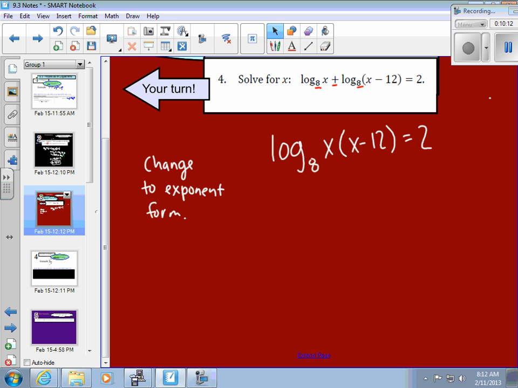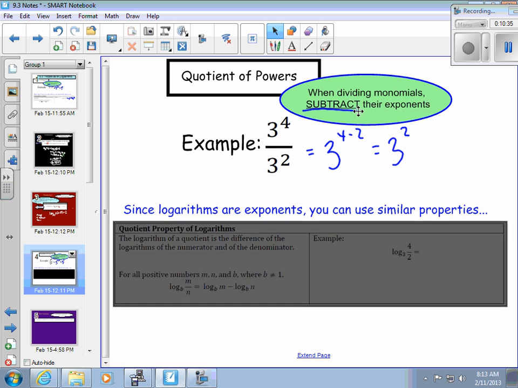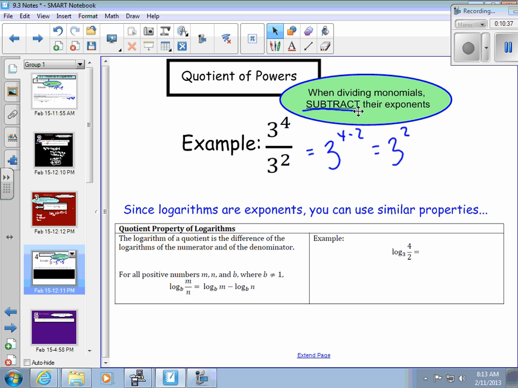All right, let's look at another exponent property we know from a few chapters ago. If you're dividing where the base number is the same, what you do is you subtract the exponent. So this 3 to the 4th over 3 squared would be the same as 3 to the 4 minus 2 power, which is the same as 3 squared. So if you are dividing exponents, it changes to subtraction.